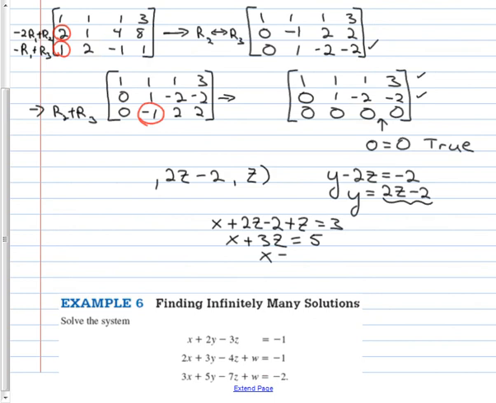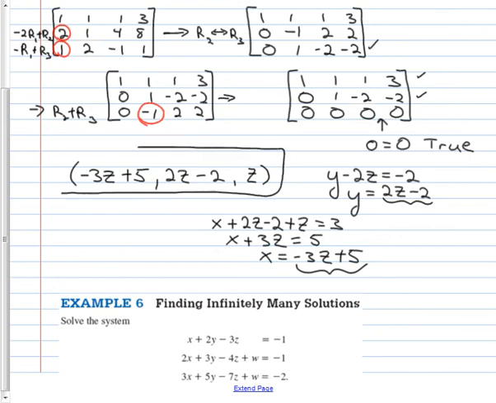Subtract 3z. Negative 3z plus 5. There's x. Negative 3z plus 5. There is our solution to infinitely many solutions. We can pick any z that we want and generate the x and the y that go with it. And it will be one of the solutions.